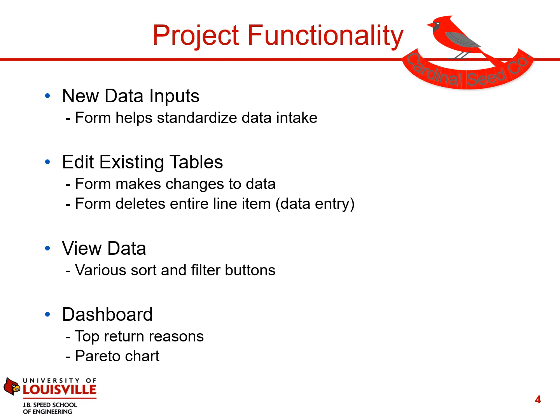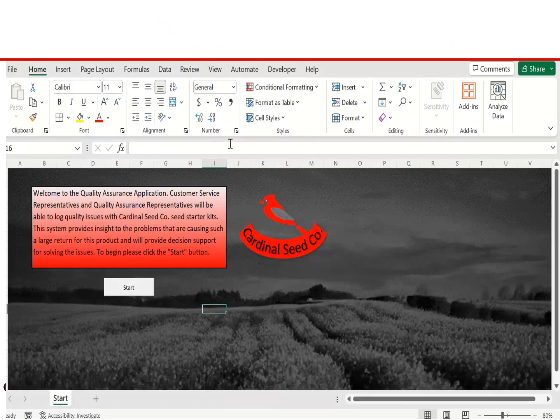The user can also view data in its raw form and apply various sort and filters to extract the data they need. And the project will have a dashboard, and that dashboard will create graphs and will give a very good visual representation of top return reasons and Pareto charts.